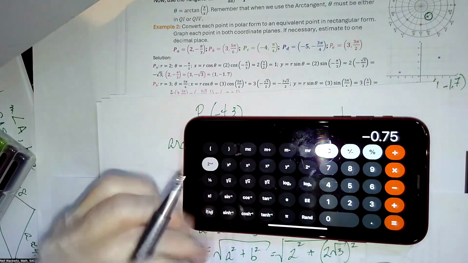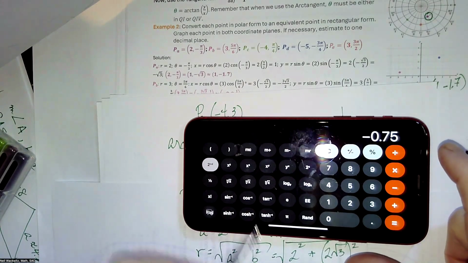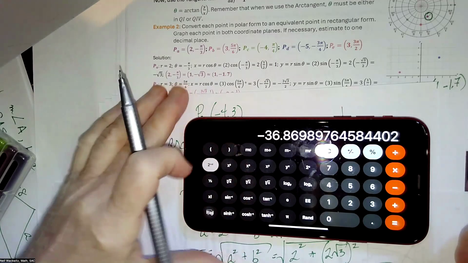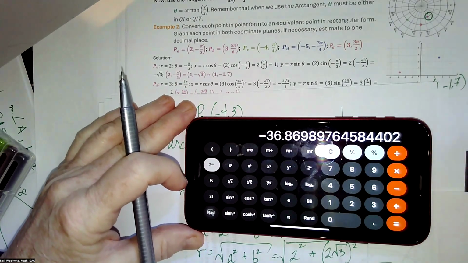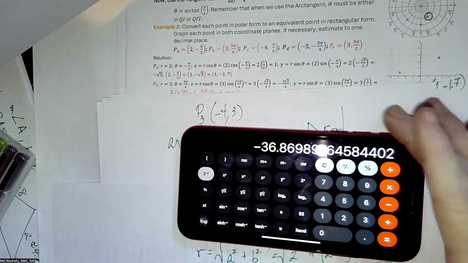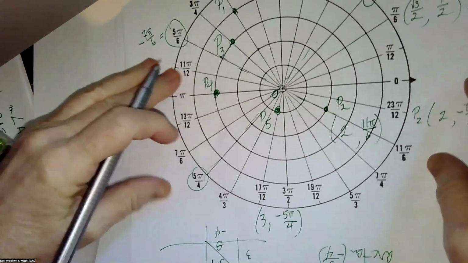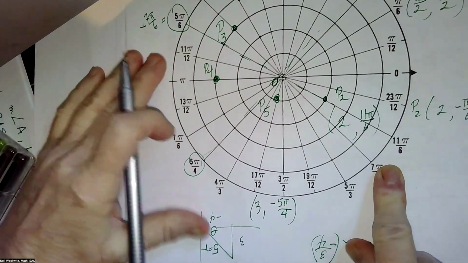And when we find the arctangent of a negative value, we are always going to land in quadrant 4. So let's see. In degrees, it's negative 36.9. But negative 36.9, that's close to negative 30, which is 11 pi over 6.